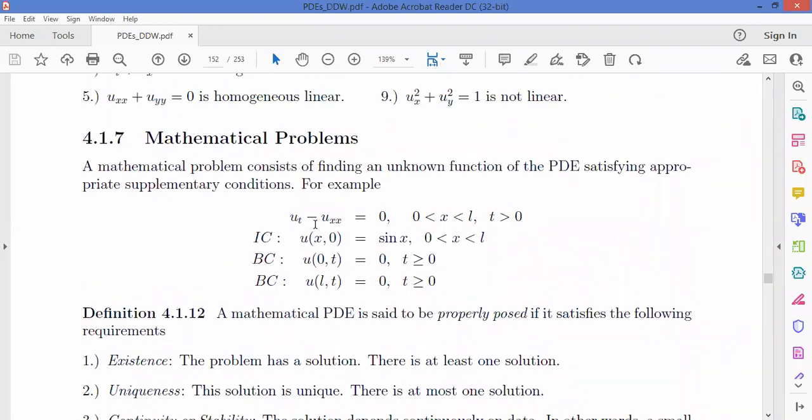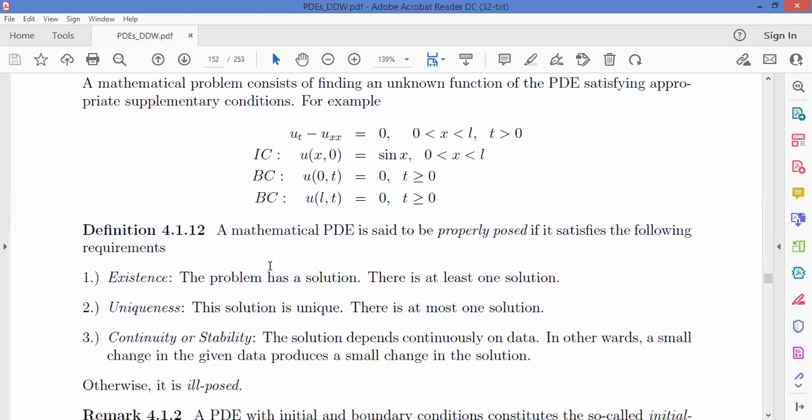Mathematical problems. These are just some examples of the systems we are going to be looking at. And here we start simple. A mathematical PDE, there are two things. It can either be properly or well posed, or it can be ill posed. I think you must understand that.